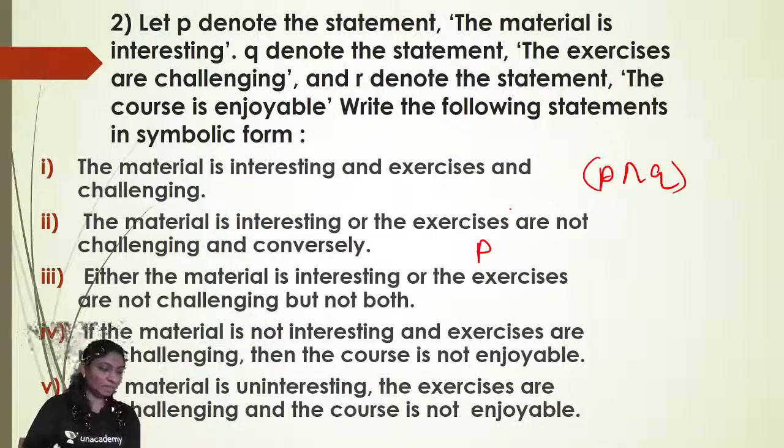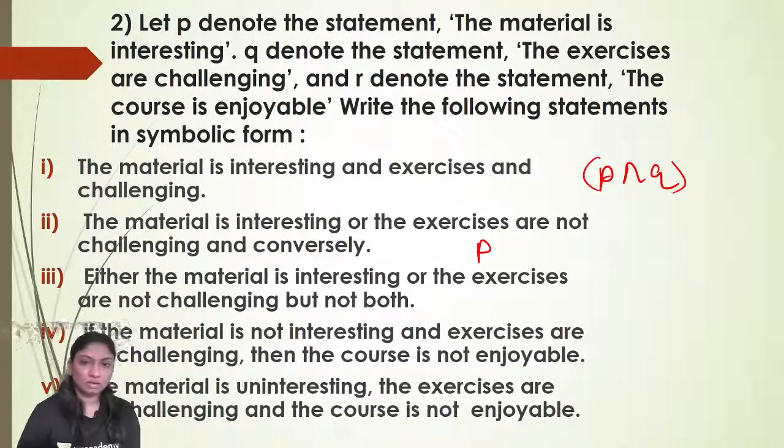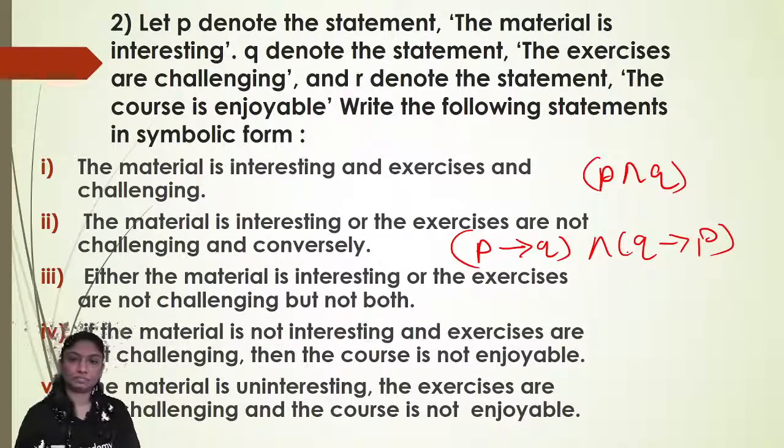So P implies Q. The material is interesting or the exercises are not challenging and conversely. So conversely it means P double implies Q, right? So either you can write P implies Q and Q implies P. Not challenging, it means here negation of Q. P implies negation of Q and Q implies P.